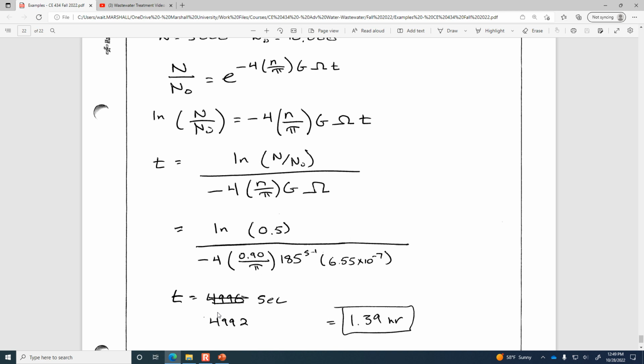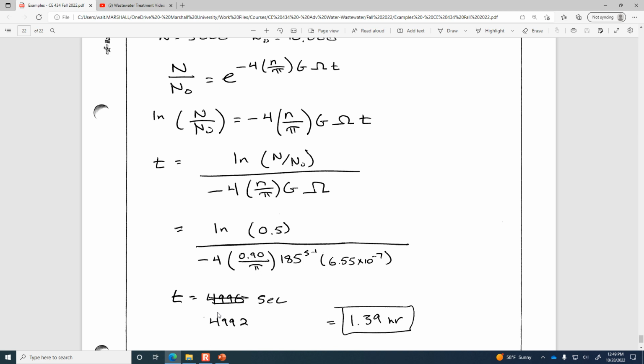Now, this is a little bit simplified though, because omega was a function of the number of particles, right? And with each passing minute, there are fewer particles. So to do a more accurate calculation, we'd need to find out, for example, how long it takes to go from 10,000 to 9,000 particles. Break it up into smaller steps.